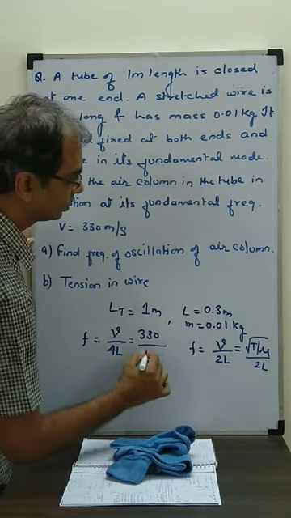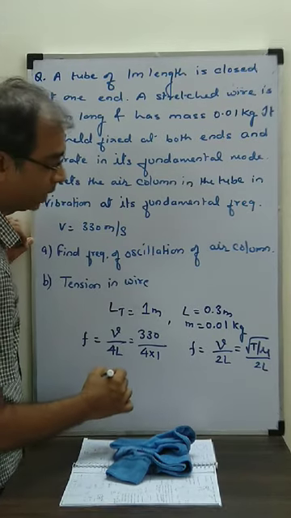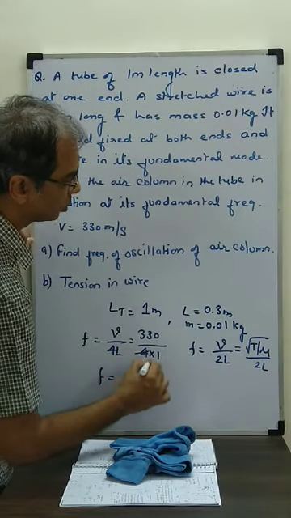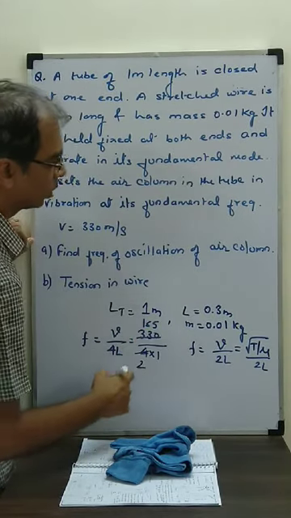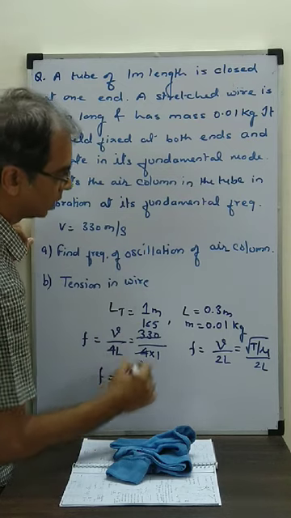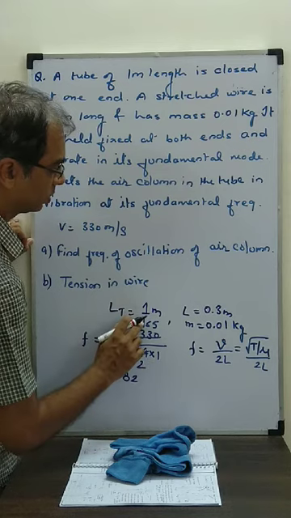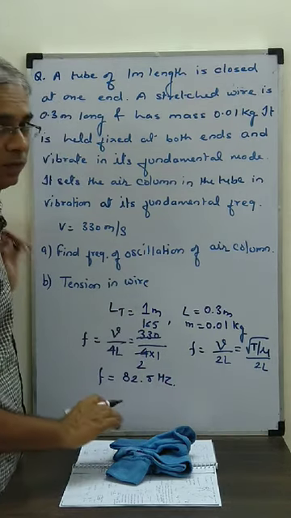Yes, 1. So the frequency of the organ pipe is 330 by 4, which is 165 by 2, that is 82.5 hertz.